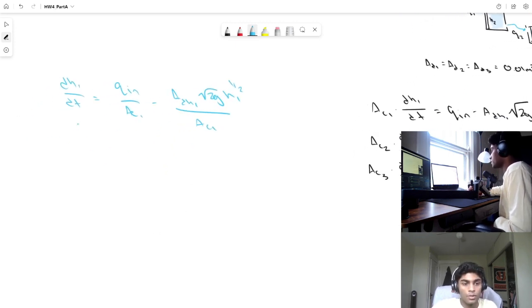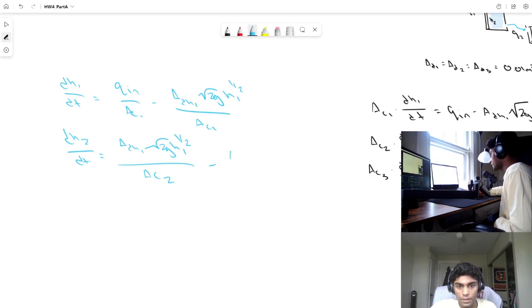So go ahead and do the same thing for the second differential. So this time it's going to be ADH1 minus ADH2 square root of 2g times height 2 to the 1/2 power all over AC2.